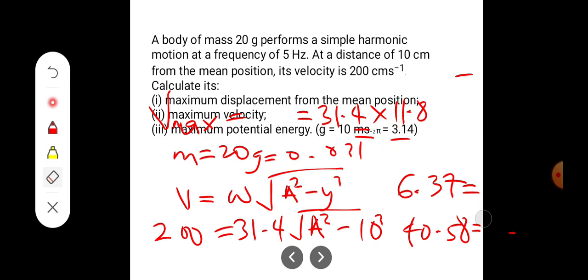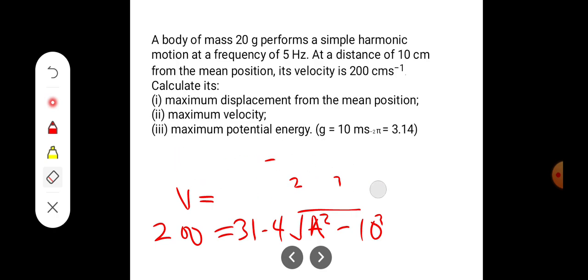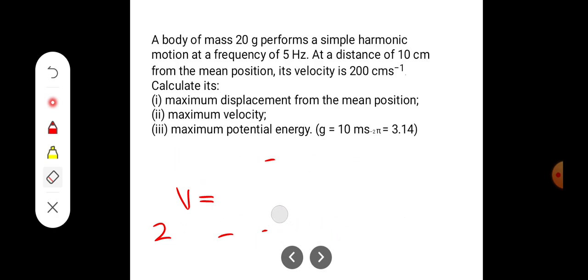Since we are asked to find the potential energy at a displacement of 10 centimeters, that is what we will use. But here we are asked to find the maximum potential energy, so my maximum is still ET, total energy.